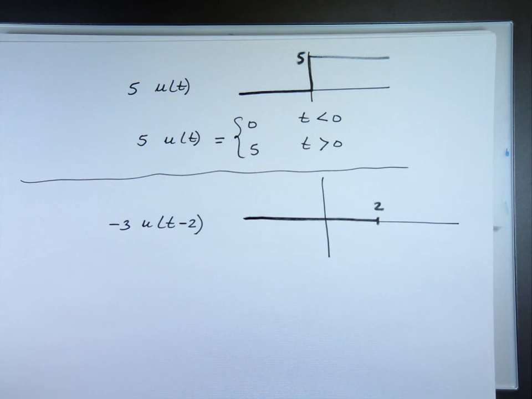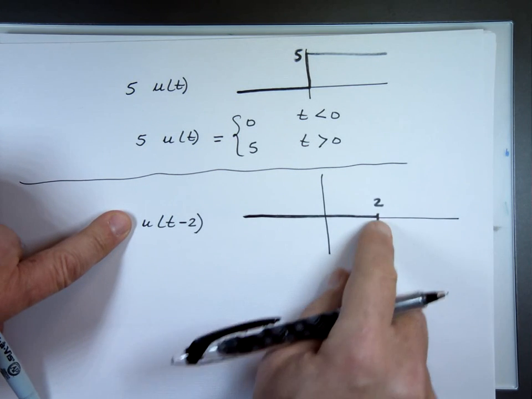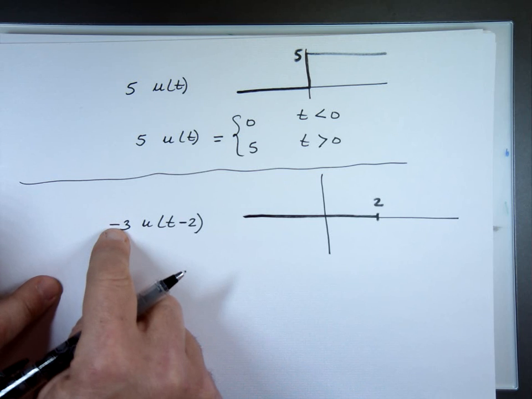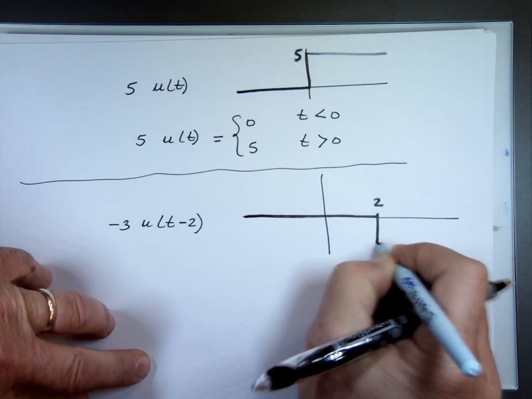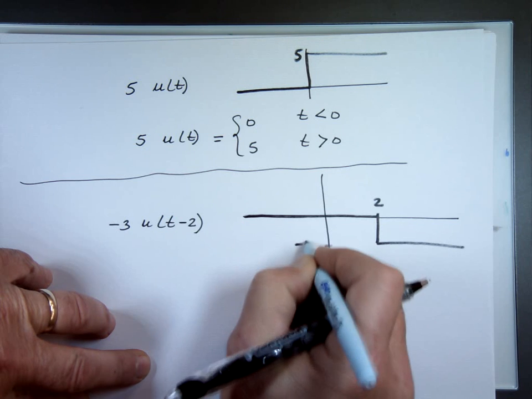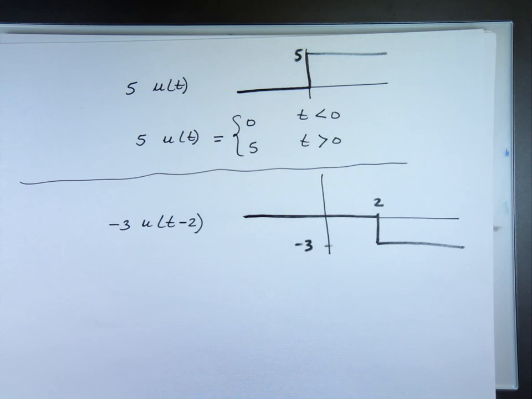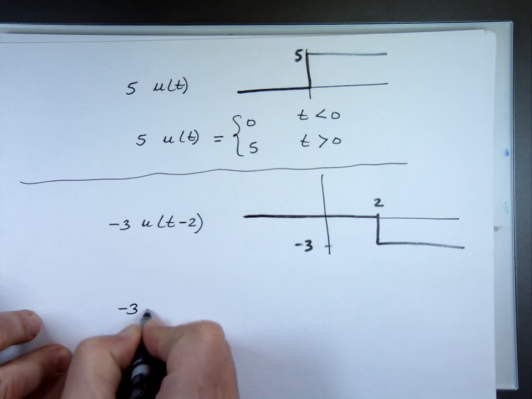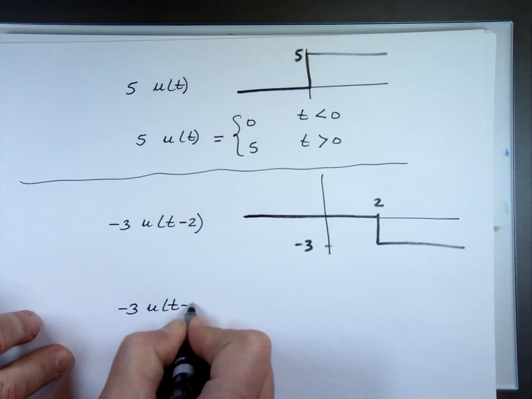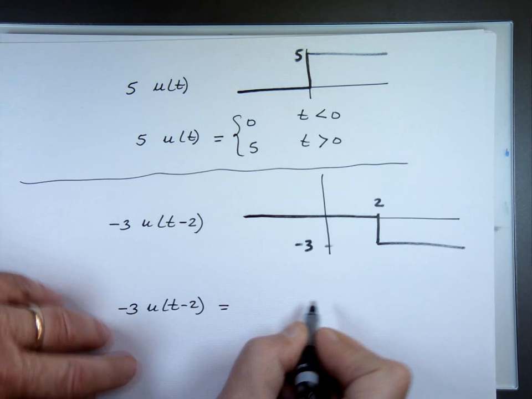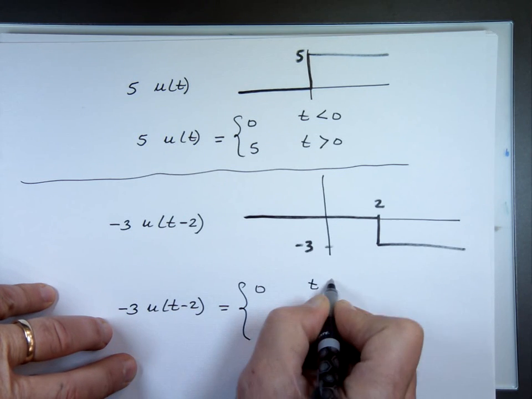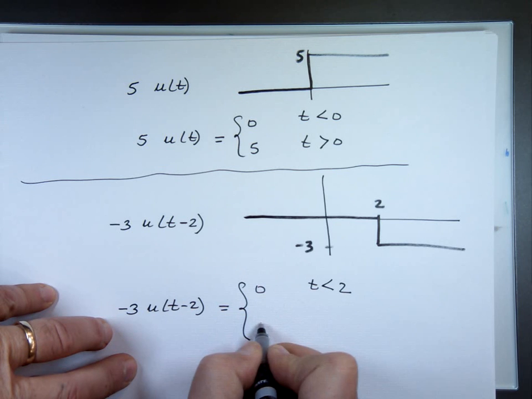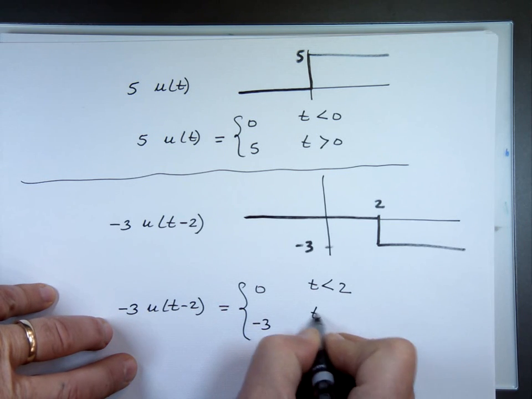So if I didn't have the 3 here, it will be 0 up to 2 seconds, then it goes to 1. Well, having the minus 3 in the front is going to make it what? What's 1 times a negative 3? Negative 3. So negative 3 u sub t minus 2 is going to have a value of 0 for t less than 2. It is going to have a value of negative 3 for t greater than 2.